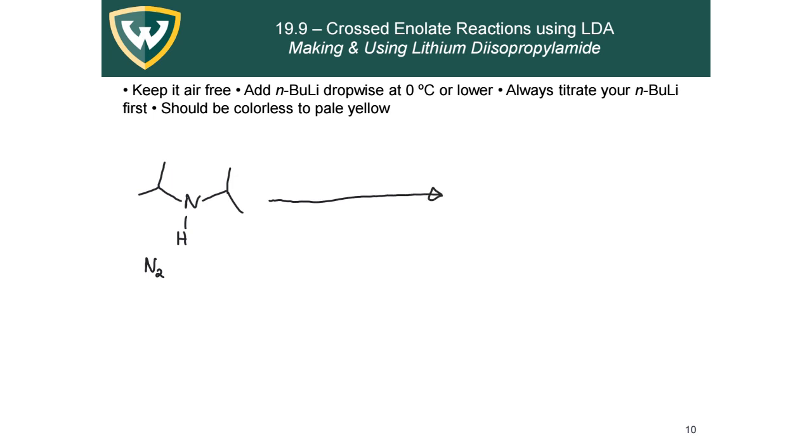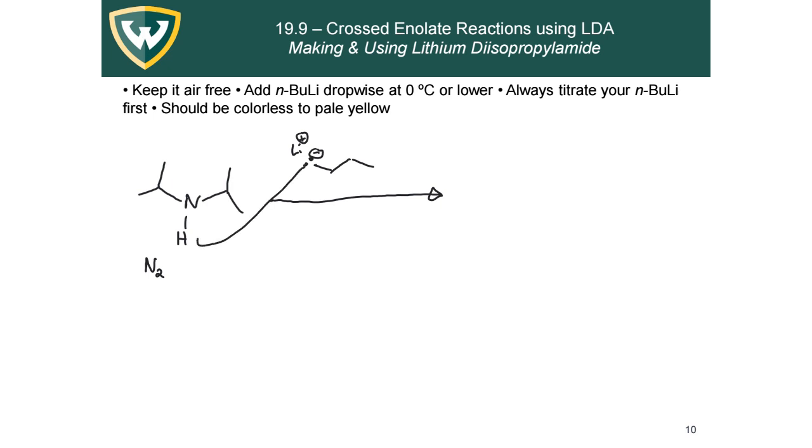Then, because diisopropylamine is a very, very weak acid, we have to add an extremely strong base. One of the most common extremely strong bases is called butyllithium. It's a C4 carbanion, and I'll draw it in this sort of form here: we have a lithium plus and a carbon minus.